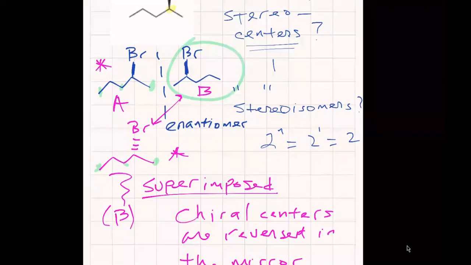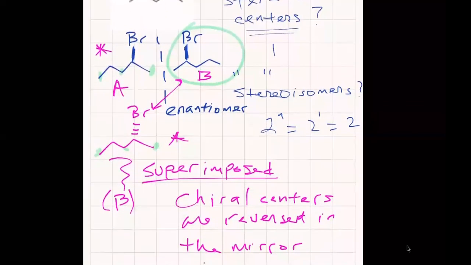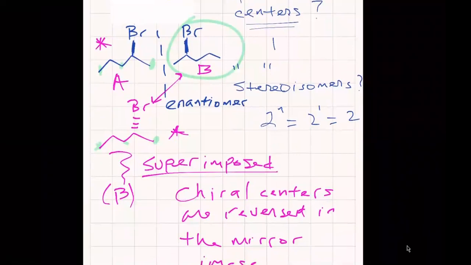And the only difference is one bromine is going out and one bromine is going in, right? Yep. Let me ask you this question. We already proved up here that the configuration for that chiral center is S, didn't we? Yes. So what's the configuration for the enantiomer, without having to go through the steps?